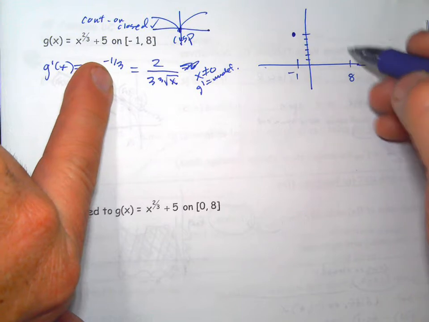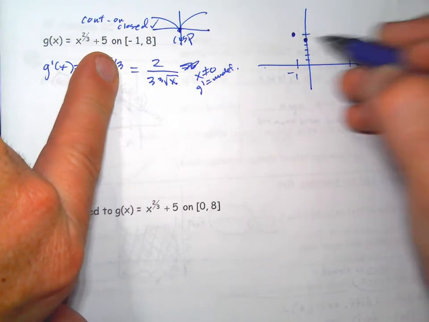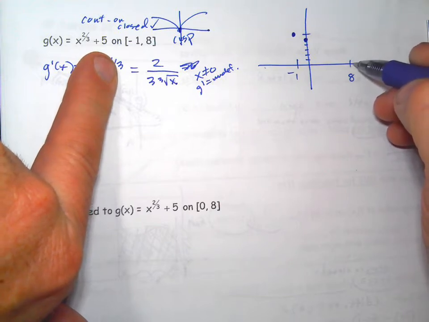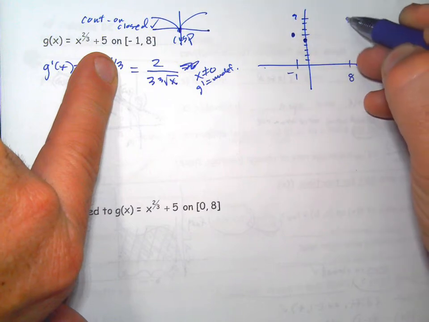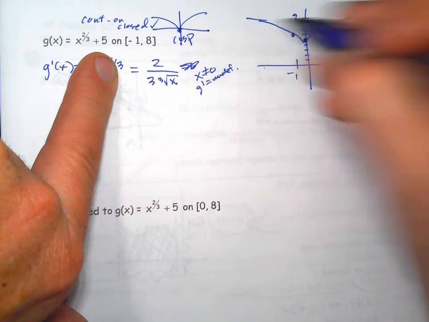And then at 0, the interesting thing happens, that's where you get the cusp. So you plug 8 in, cube root of 8 is 2, squared is 4, plus 5 is 9. So that points up here. And the graph is this like Siegel graph, and it kind of looks like this.